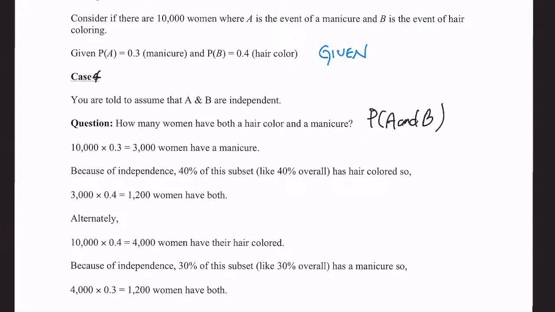So now you take the 3,000, the subset, times 40%, and so 1,200 women have both manicure and hair color. Okay, so this is showing using the population, using the long run relative frequency idea.